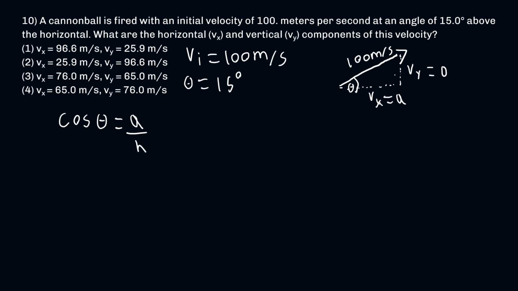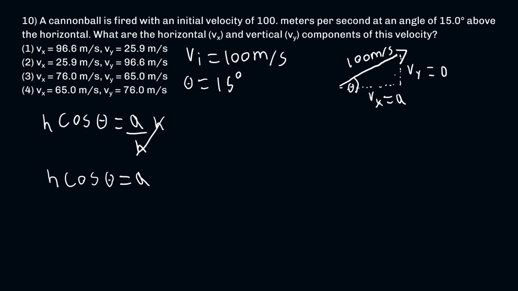If you want to solve for the adjacent value, I would multiply the hypotenuse h on both sides of the equation, and I would end up with h cosine theta equals my adjacent value.